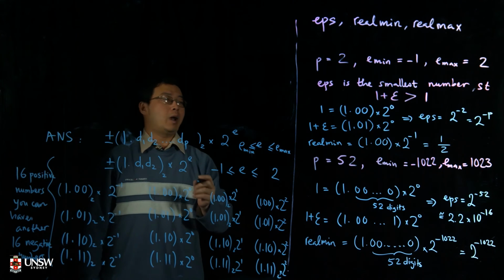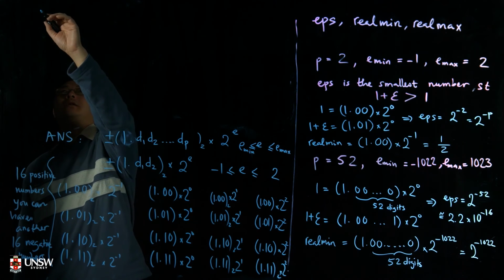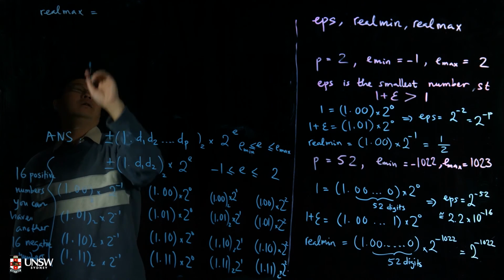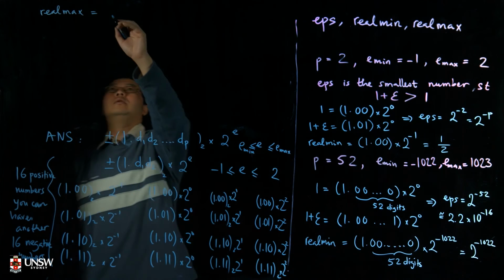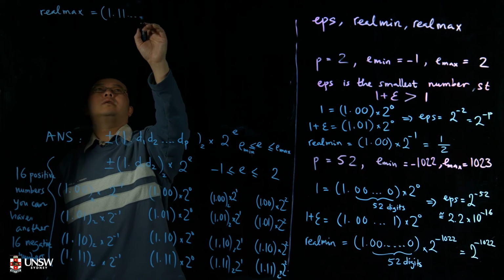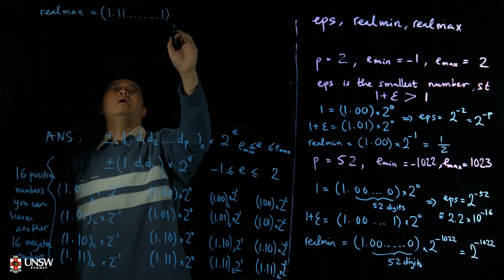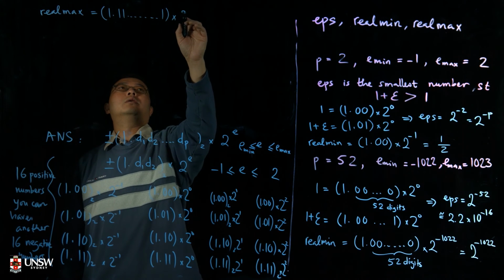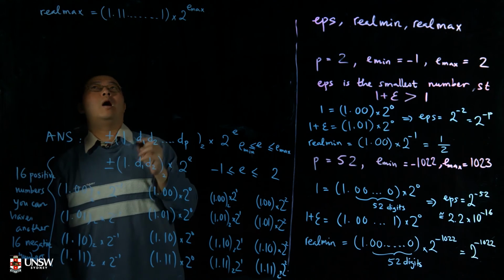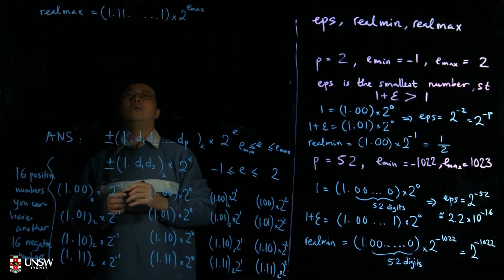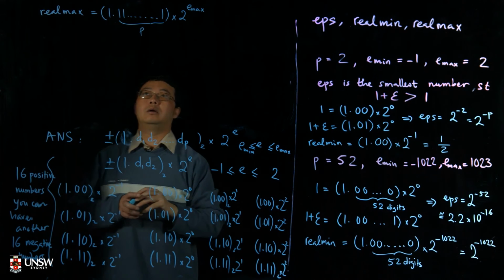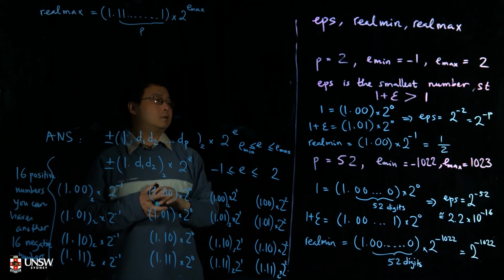So then what is realmax? Realmax is when you turn on all the digits, right? So the first digit is 1, but now all the digits here are 1 as well. And you turn the power to be the maximal power. So more or less, realmax is the maximal machine number you can represent using a floating point number system.